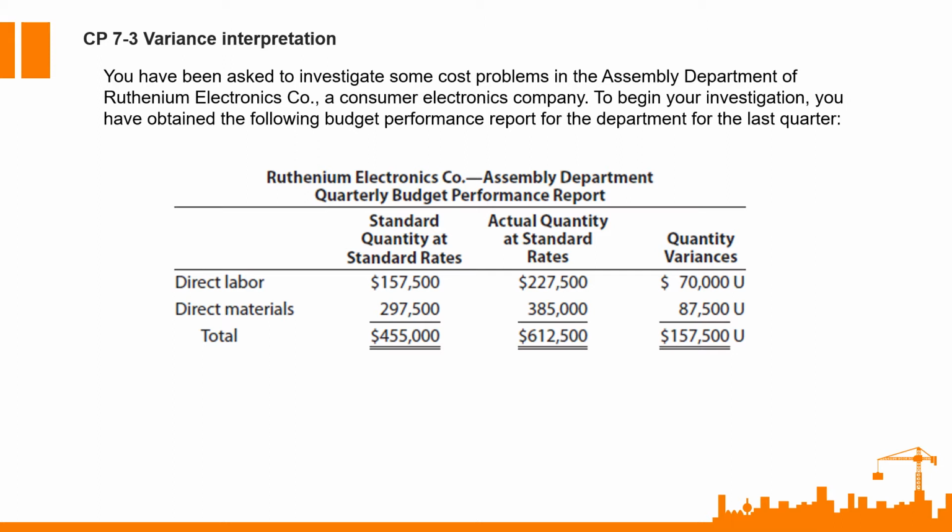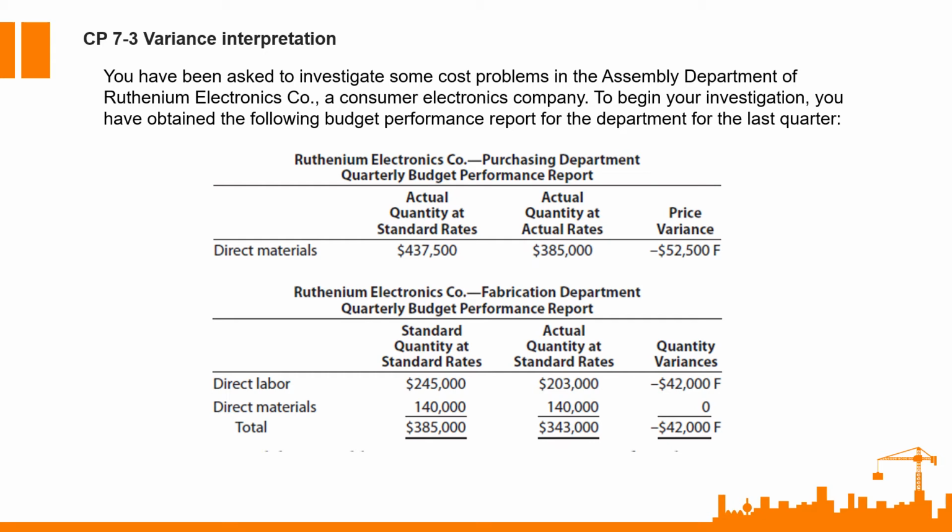As you can see, the assembly department has incurred some unfavorable variances in terms of their direct labor time and direct materials quantities. The total amount is $157,500 unfavorable variance, where they seem to have utilized and spent more time in the assembly than what was expected.